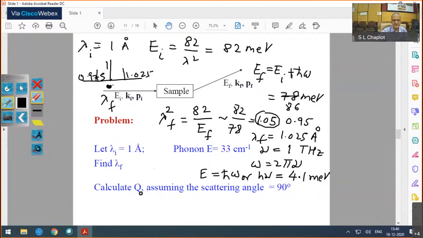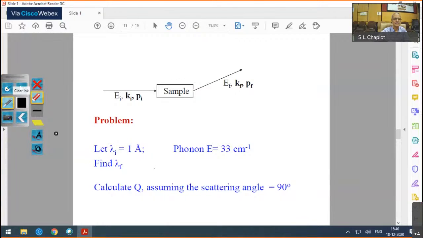Okay, then the other question was we'll calculate the Q corresponding to this scattering angle of 90 degrees. So let's look at the Q part. Vector Q is vector Ki minus Kf.